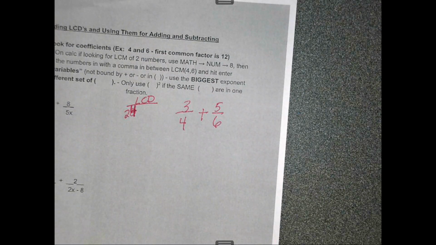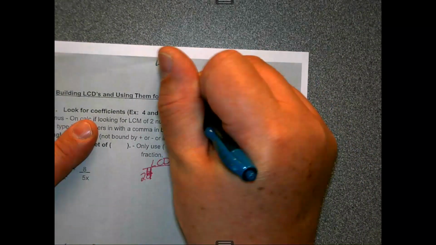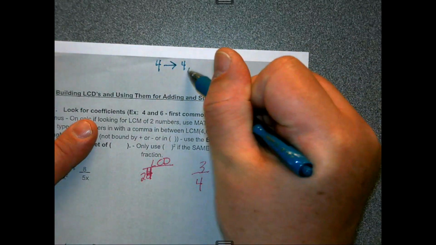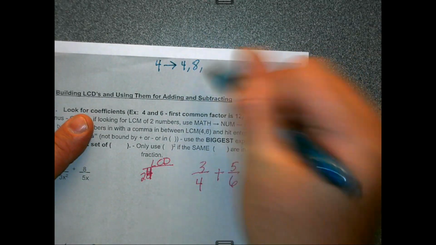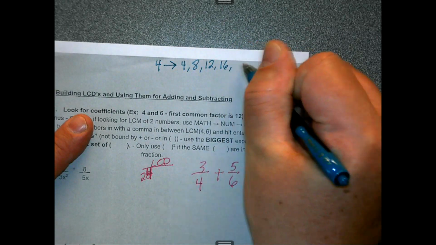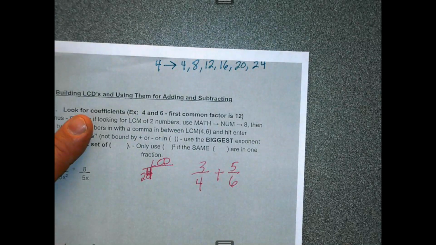But when you get into your higher grades, you are thinking in your head, hopefully, well, the multiples of 4, right? 4 times 1 is 4, 4 times 2 is 8, 4 times 3 is 12, 16, 20, 24, right? Multiples of 6. If you did that shortcut, your brain's not used to this.